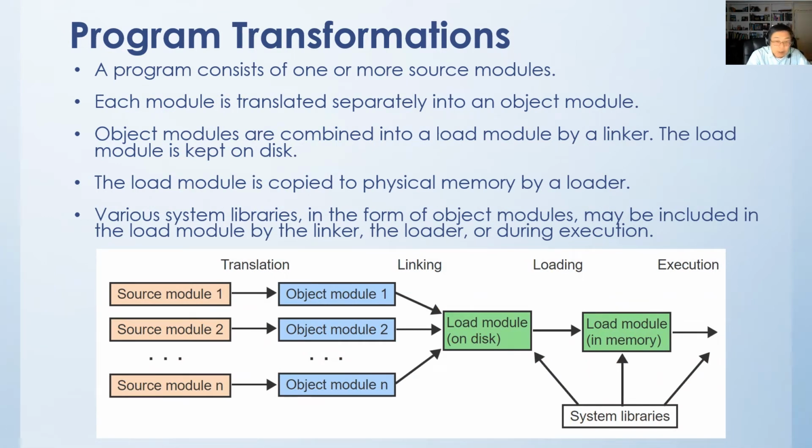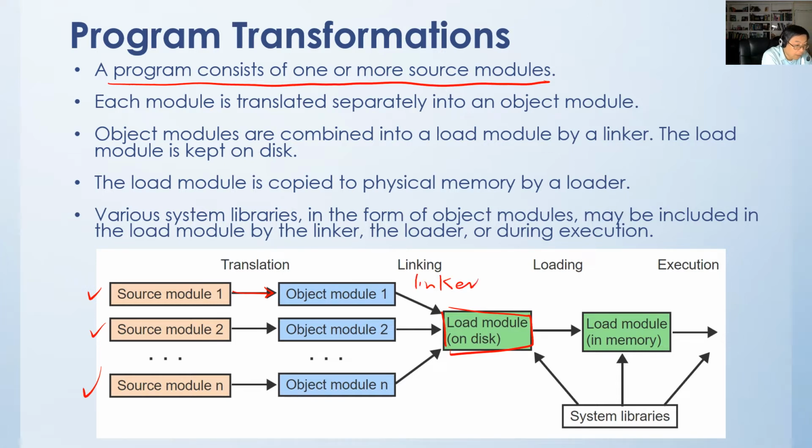Okay, so let's summarize what we talked about in the previous slide. First, a program consists of one or more source modules, and each module is translated into an object module by the compiler or the assembler. Then the object modules are combined into a load module using the linker.